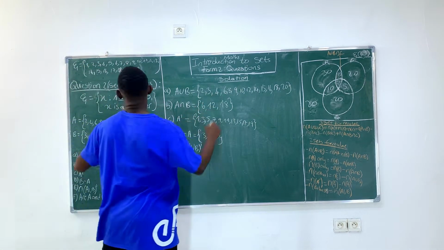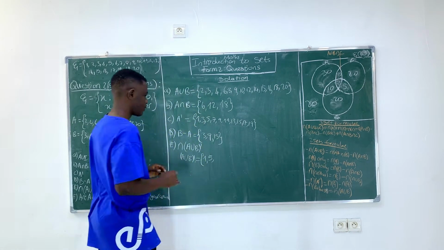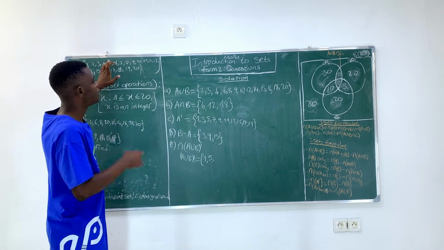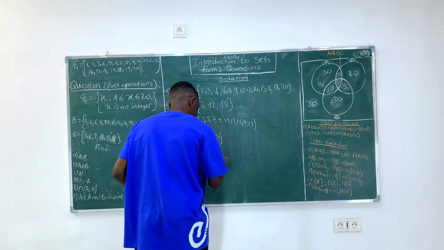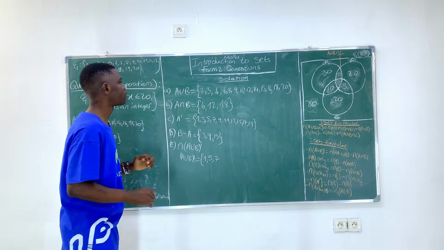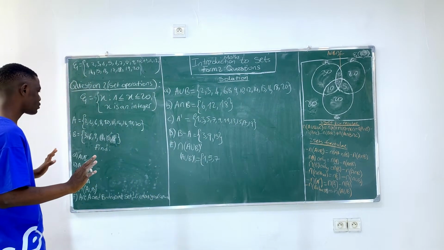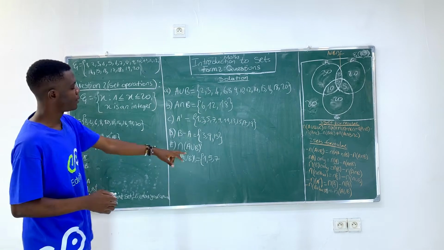I'm not seeing 5 here. 5 is not there, so I write my 5. 6 is there, 7 is not there. There is no 7 here. So 1, 5, 7.